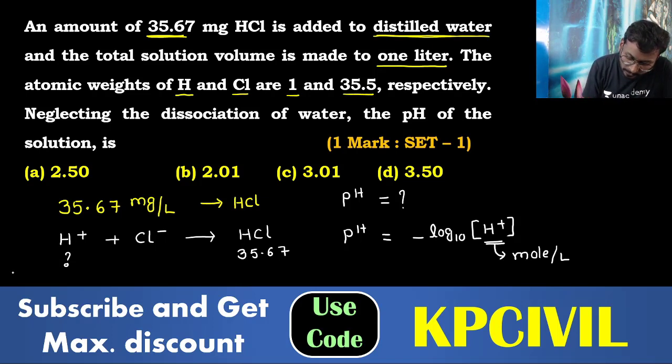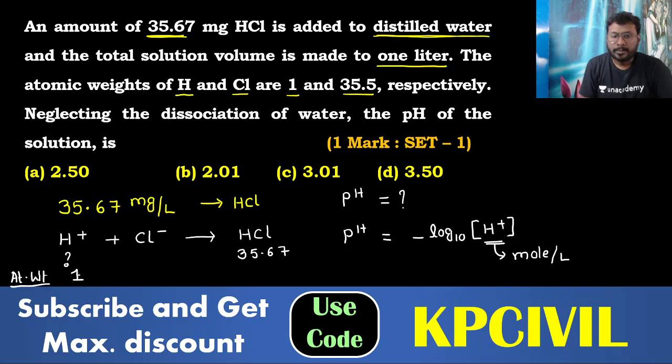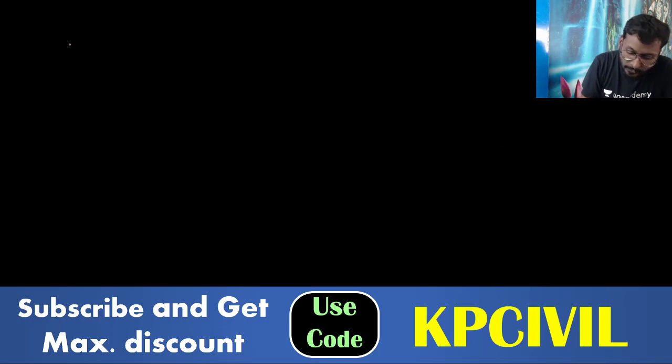For that, take the atomic weight of hydrogen, which is equal to 1, and the atomic weight of HCl, which is equal to 36.5. Now what is hydrogen? Simple. We can just do cross multiplication to derive the H plus ion concentration.